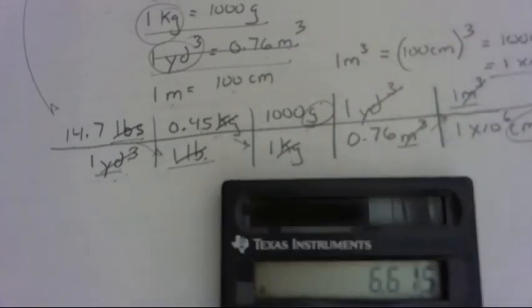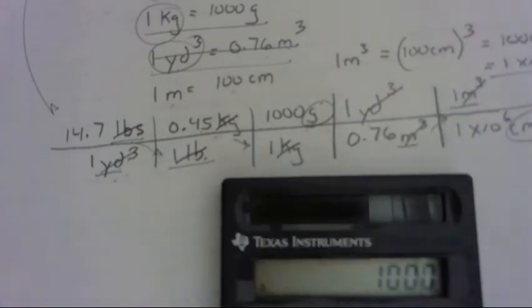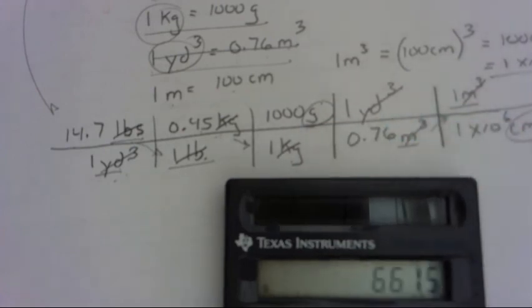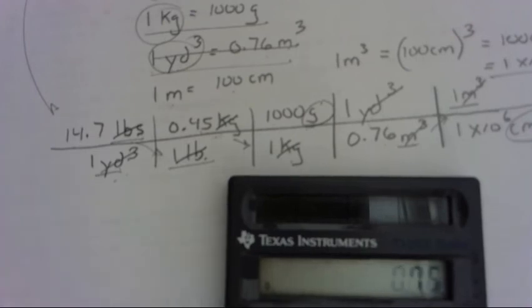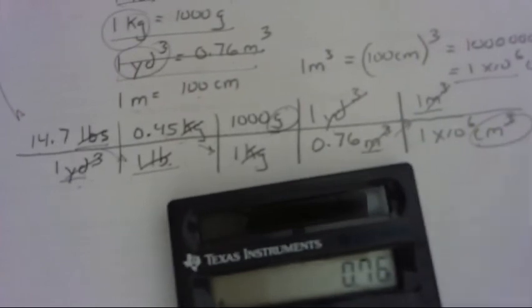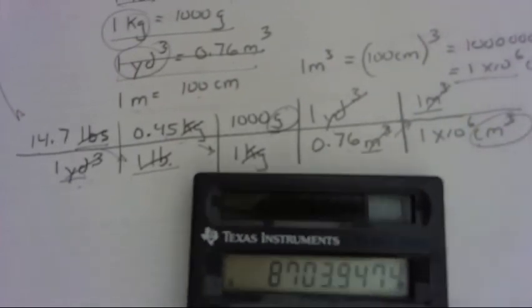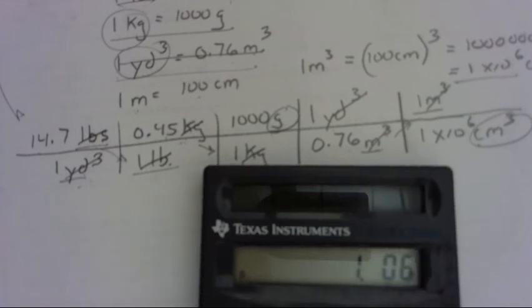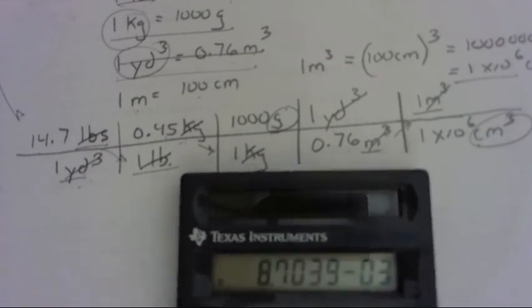So I'm going to go times 1,000. The next one over is a number on the bottom, so I'm going to go divided by 0.76. And the next one over, again, it's on the bottom, so I'm going to go divided by 1 times 10 to the 6th equals.